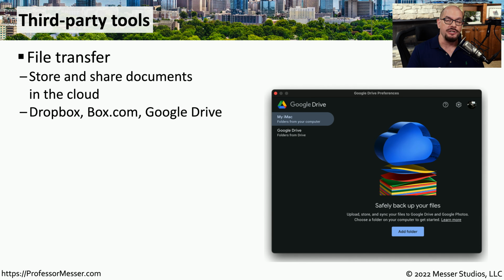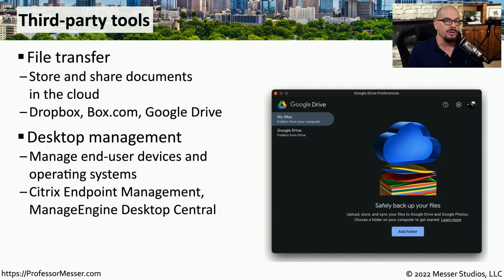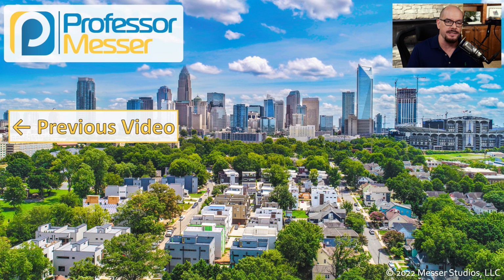And many organizations are making it easier to share files among other people in the organization by using cloud-based file transfer tools like Dropbox, Box.com, and Google Drive. And if you're in charge of managing the desktops on these systems, you're probably using third-party software to be able to manage those end-user devices and operating systems like Citrix Endpoint Management and ManageEngine Desktop Central.